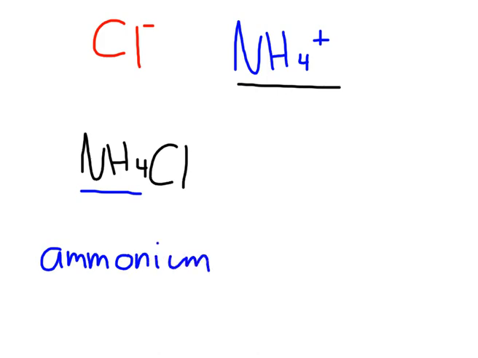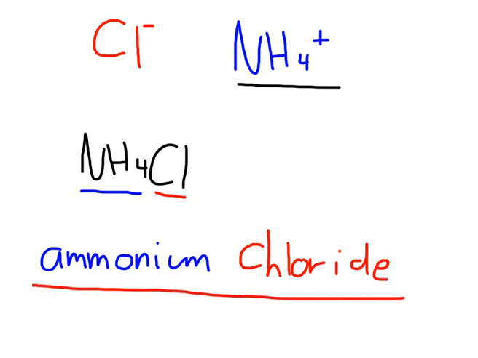What about second? Now this time we're going backwards a little bit. We've got a singular element as our anion, so we have to go back to our original rules. This will change the suffix, so ammonium chloride would be the correct name.